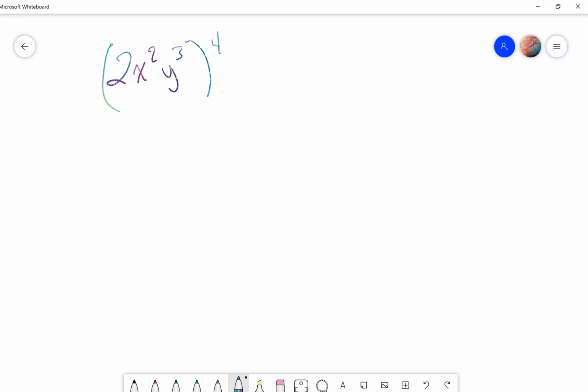So we have, oops, helps if I turn my pen on. There we go. 2 times 2 times 2 times 2. So there's our 4 sets of 2. Now we need our 4 sets of the x squared. X squared times x squared times x squared times x squared. And now we need 4 sets of the y cubed.